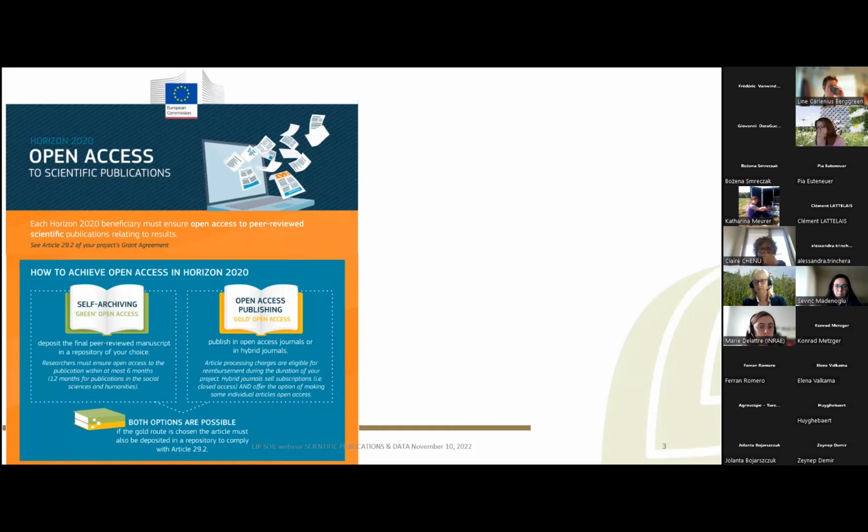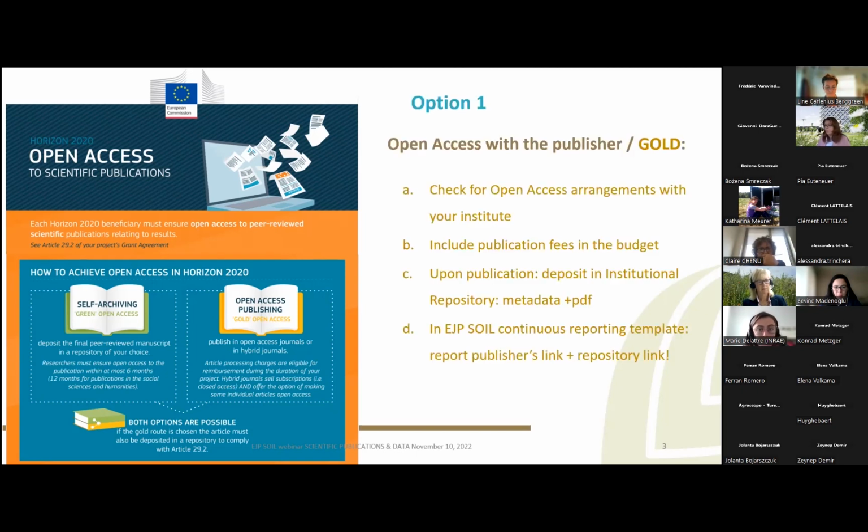So, open access to scientific publications. As I said, open access is mandatory to peer-reviewed scientific publications. There are two ways to achieve open access in EGP Soil, and I will show you both options.